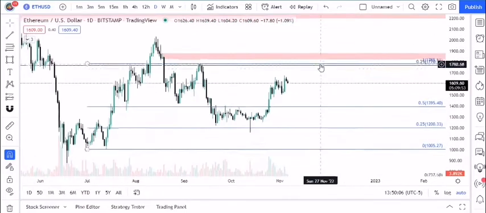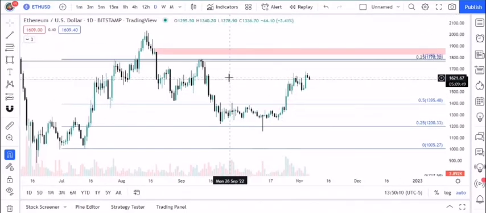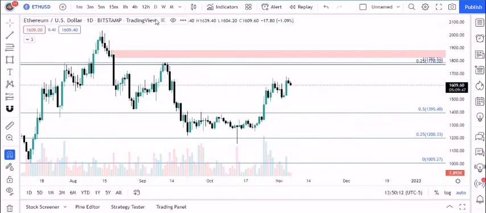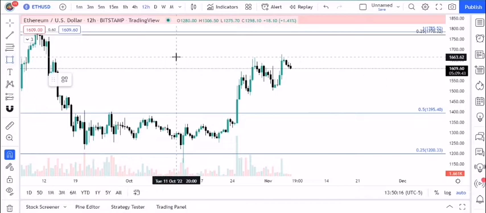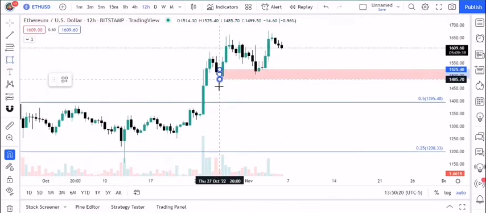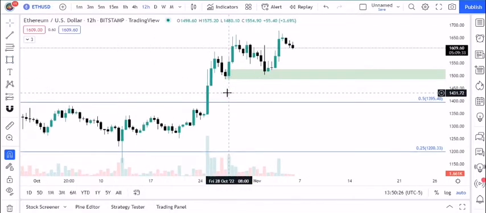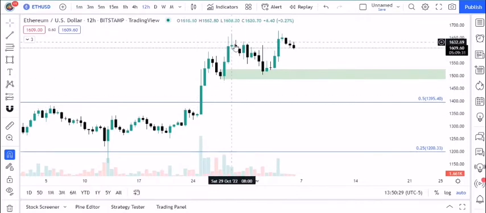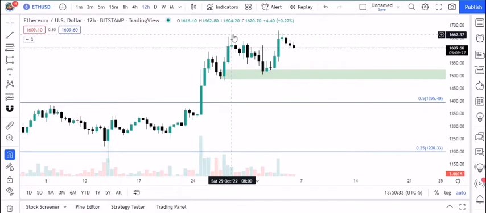So this is my higher time frame view, but if I want to trade Ethereum I will go to the lower time frame again. I will take this 12-hour candle as support soon, and price moved up, retested it, price came up, but couldn't close that 12-hour candle above this high.